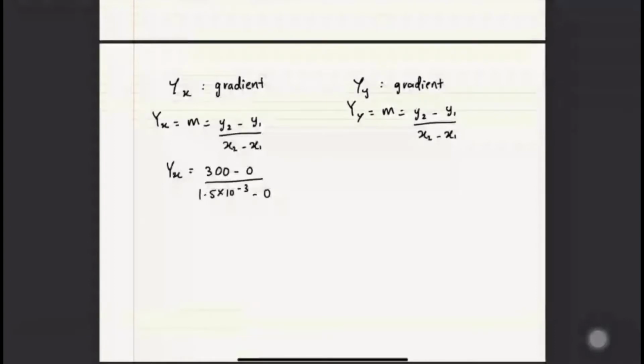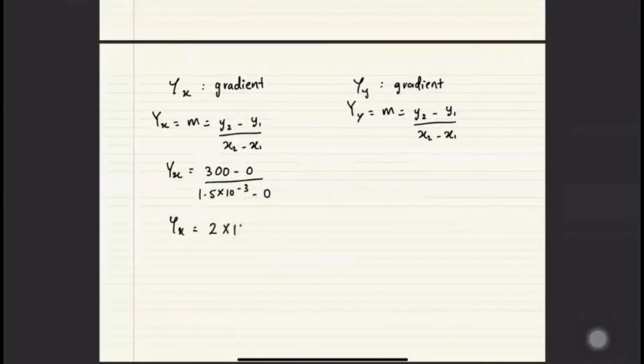Okay, here you get 200k ataupun 2 times 10 to the power of 5. Okay, unit untuk yang modulus apa? Ingat tak? Pascal. Yes, Pascal. Very good. Very good. Pascal.